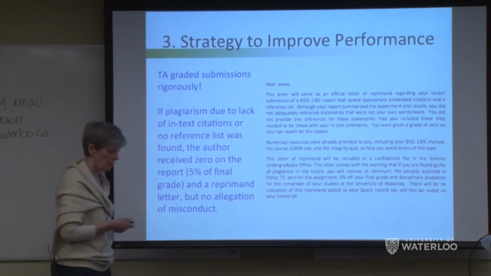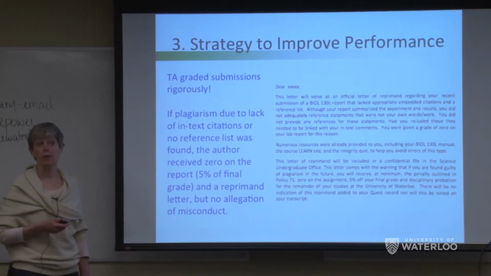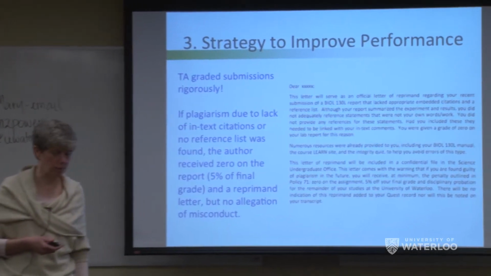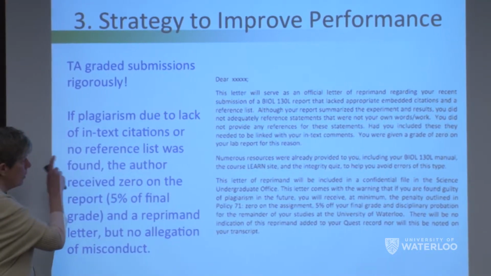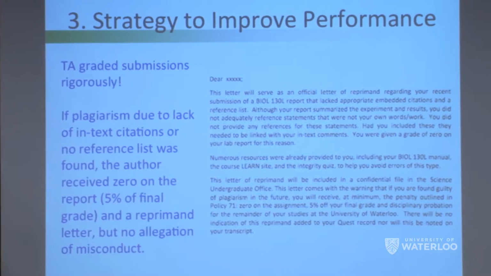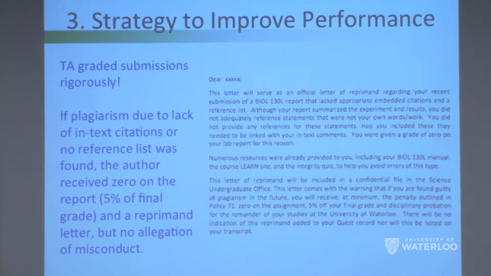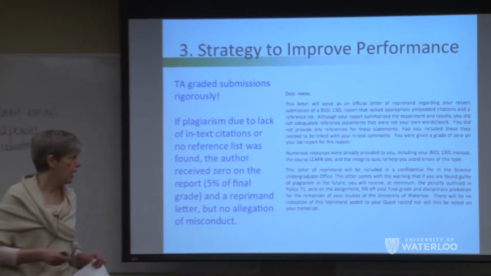The normal penalty for plagiarism is 0 on the assignment, plus a 5% reduction in your final grade, and being put on disciplinary probation. So instead, one of the two most common problems that we have is students don't put any in-text citations in their document, or they don't even put a reference list, or they have troubles with this component.